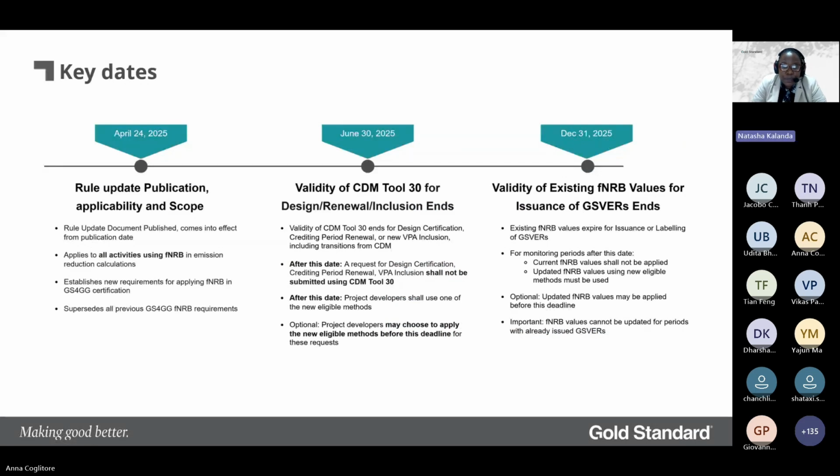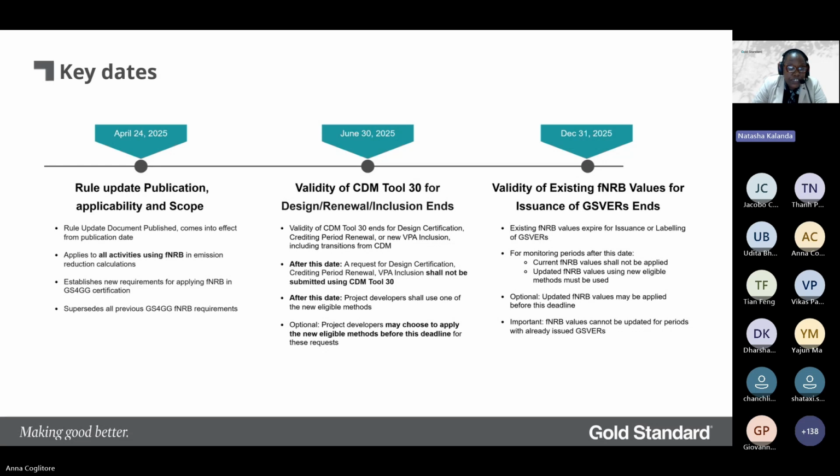This is the linchpin of my presentation, because the dates provided here will determine the audit methods you are going to use, or what you're going to check for as auditors, in terms of the fNRB approach that project developers will follow. April 24th, 2025 is when the Gold Standard published these new fNRB rules and requirements.